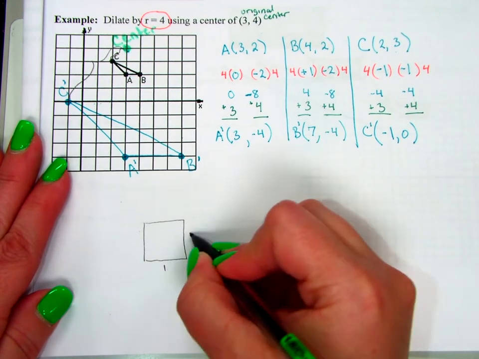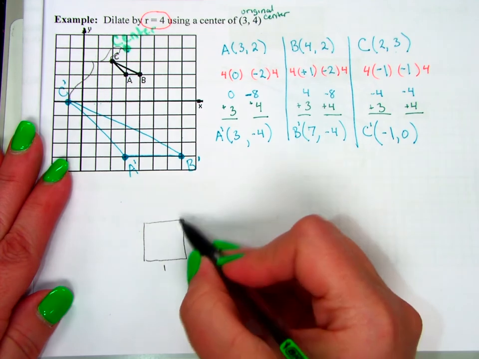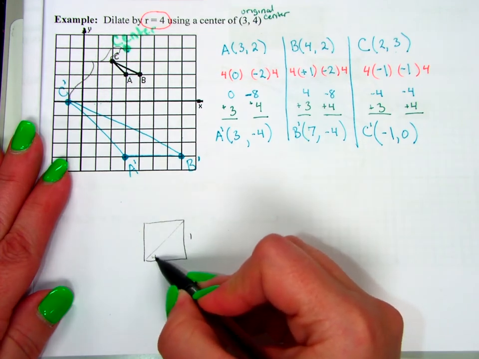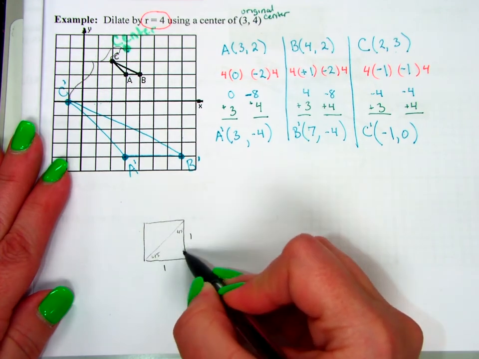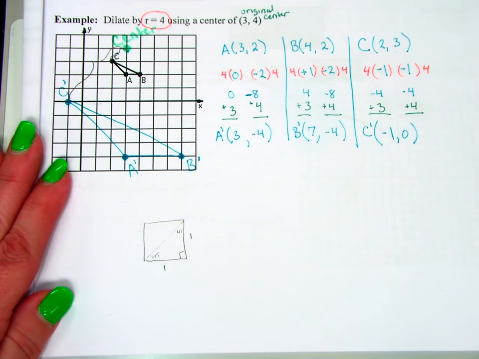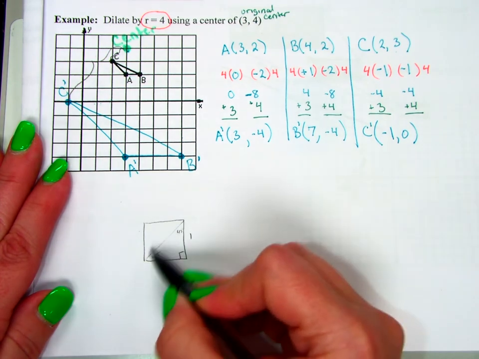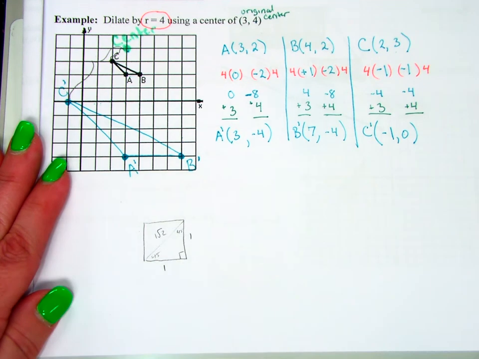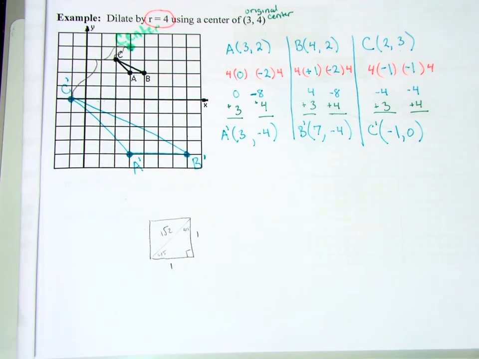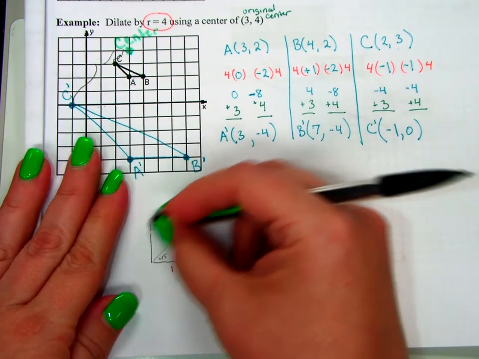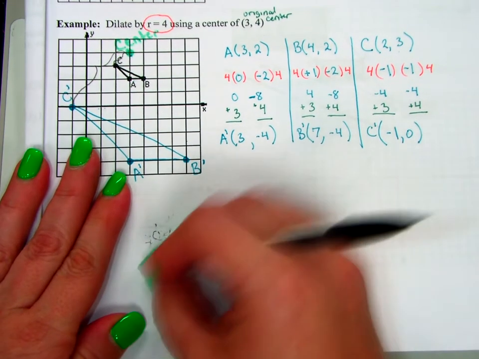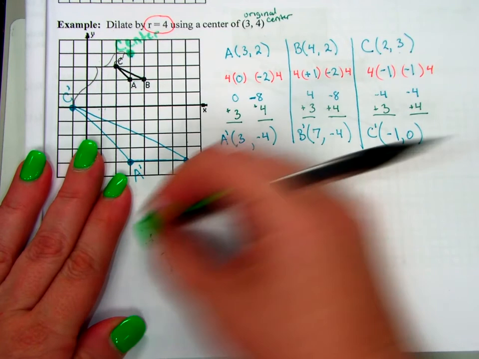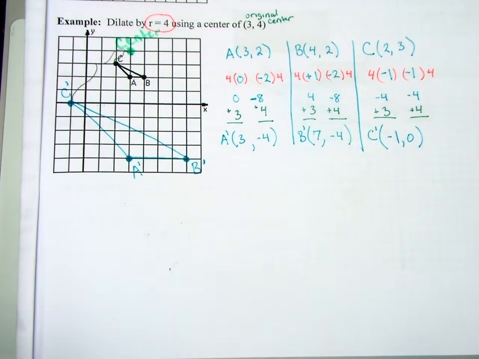Think about one little block on this grid is a 1 by 1 square. And so when I go diagonal across it, it creates a 45, 45, 90 triangle. So x square root of 2. That's why we spend so much time on triangles. So we know these sort of things. All right, just a little bonus information there.